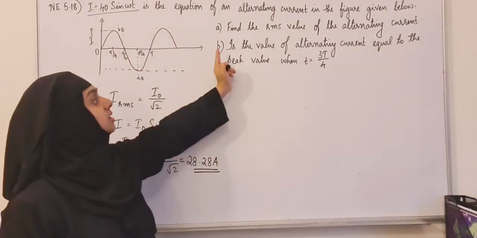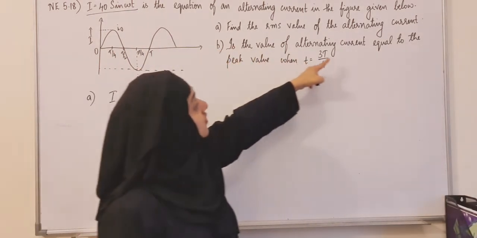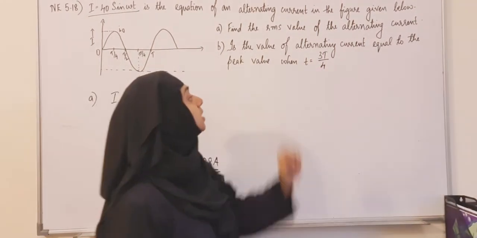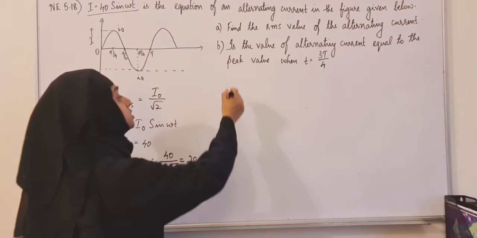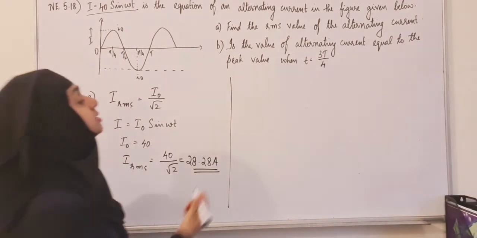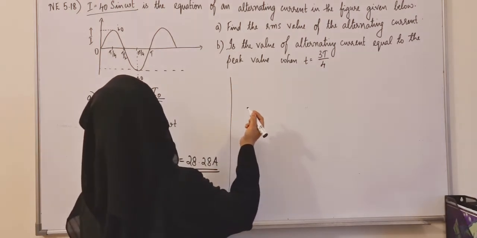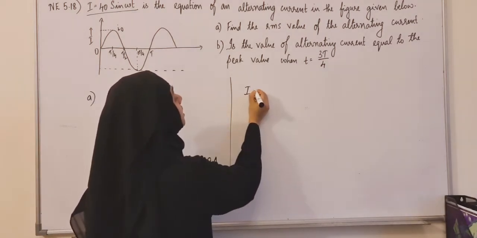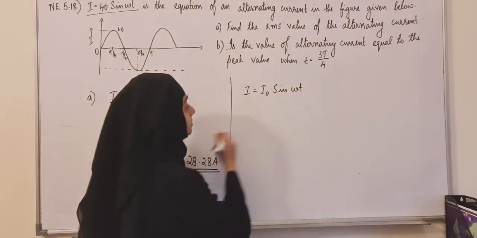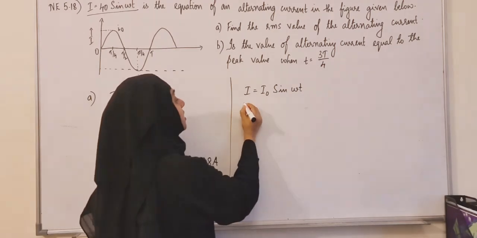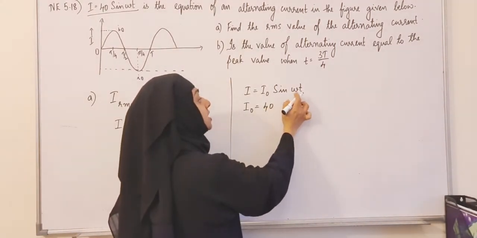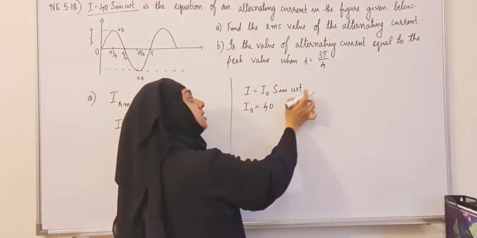Now let us see question B. Is the value of alternating current equal to the peak value when t is equal to 3T by 4? So let us check the value of current. We have to put I is equal to I naught sine omega t, and for I naught we can give the peak value 40. Now we need to find the value of omega, and t we have to put.